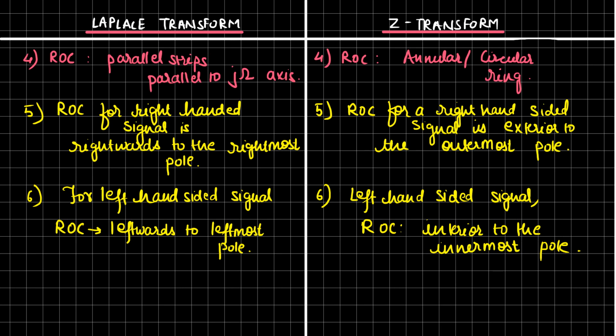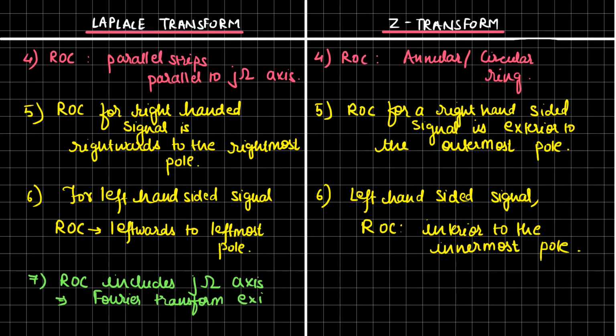Now, in the Laplace transform, if the ROC or the region of convergence includes the j omega axis, this indicates that the Fourier transform for that particular signal exists.